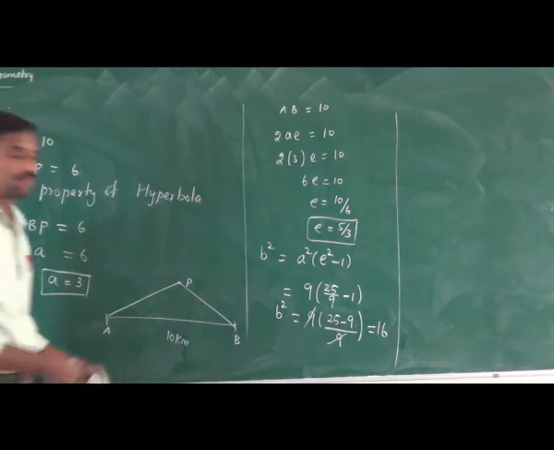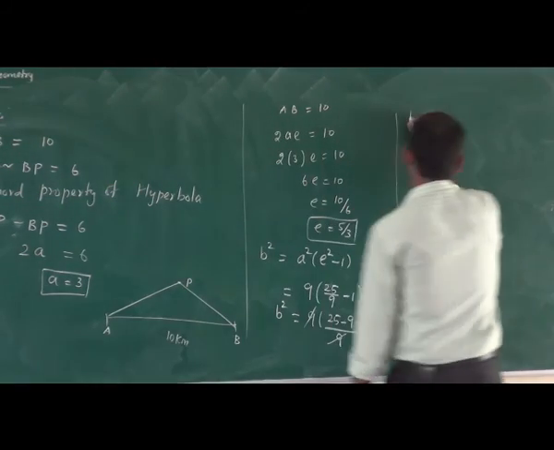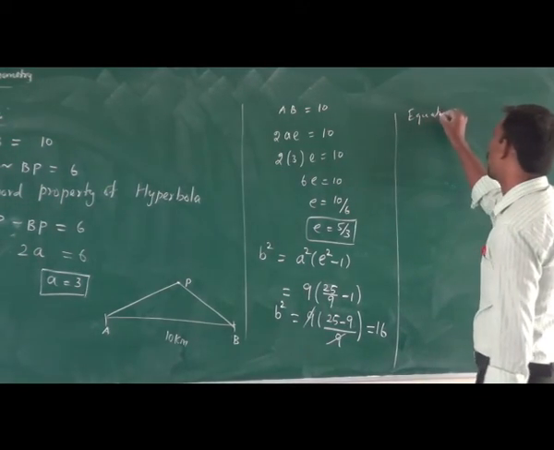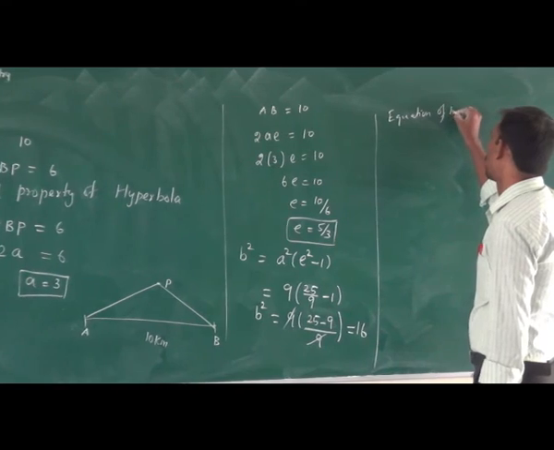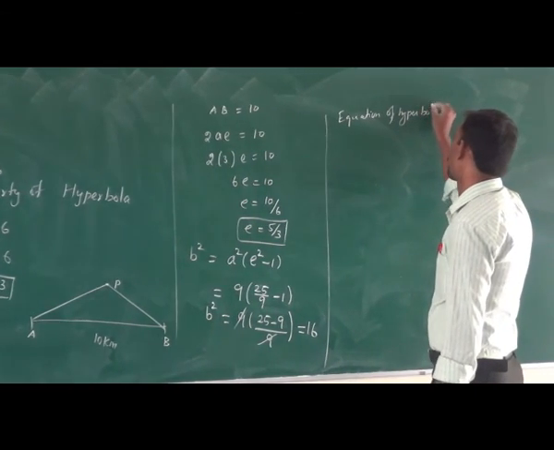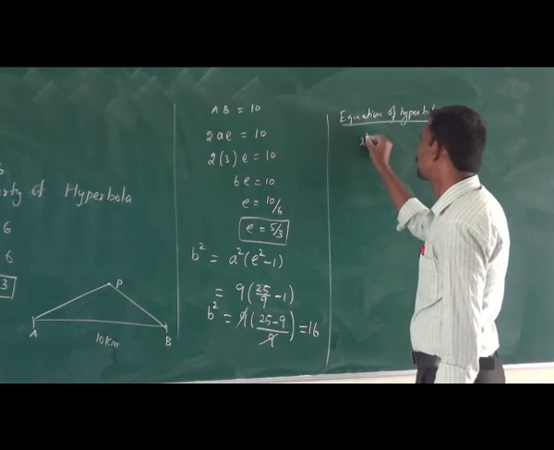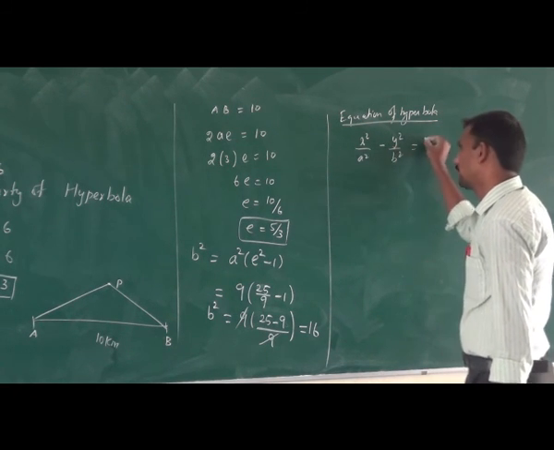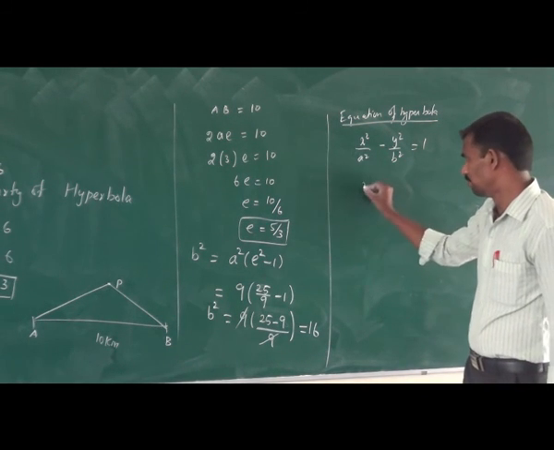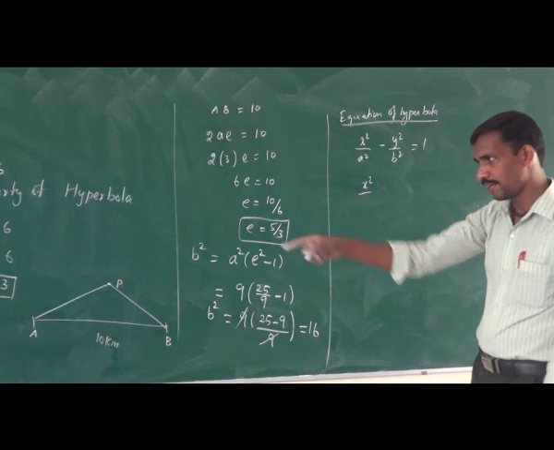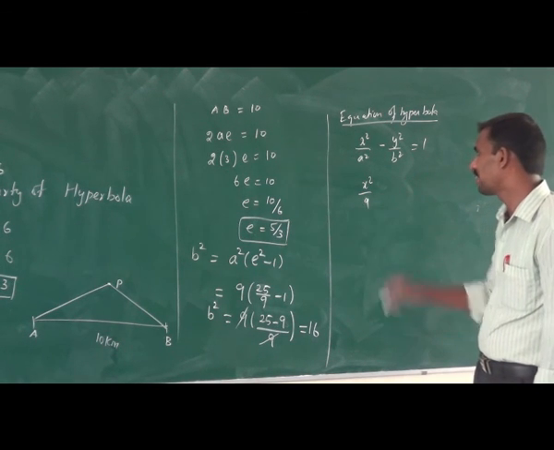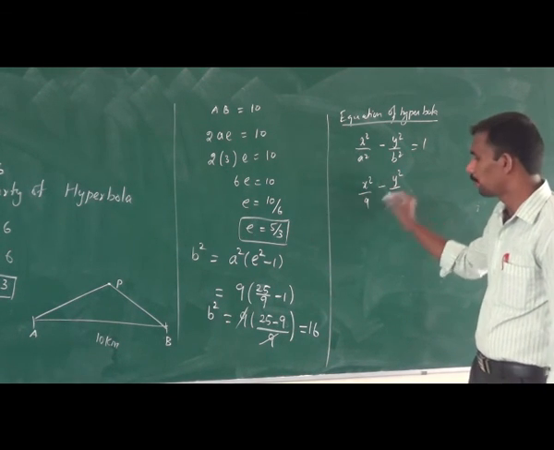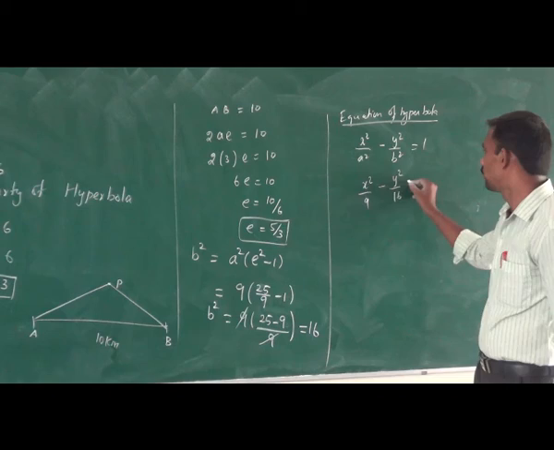Now the equation of the hyperbola is nothing but x squared divided by a squared minus y squared divided by b squared is equal to 1. So a squared is nothing but 9, minus y squared divided by b squared, which is 16, is equal to 1.